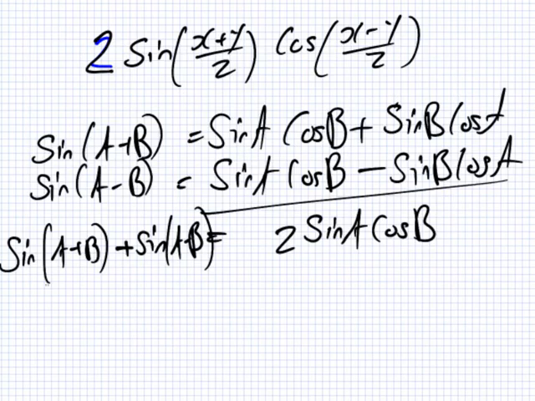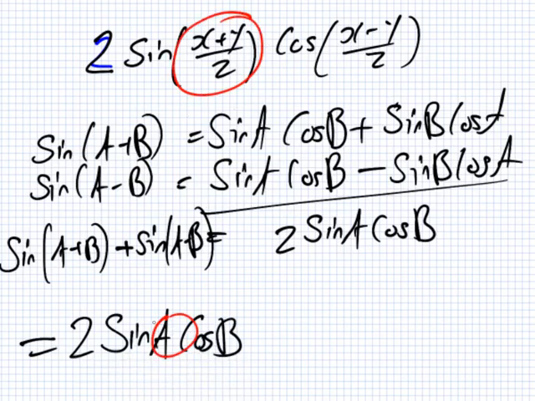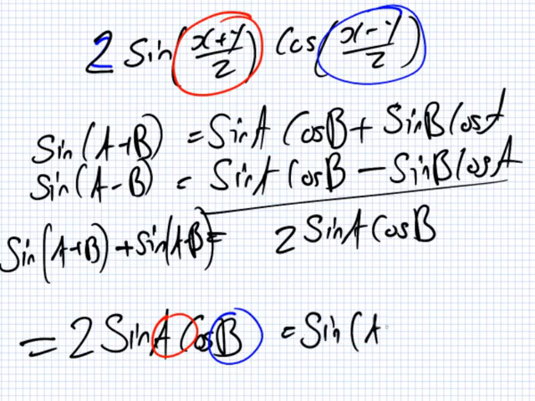So your question here can be written as 2 sine a cos b, if you call this here a, and if you call this here b. So the rule I just proved says that this should equal sine a plus b plus sine a minus b.